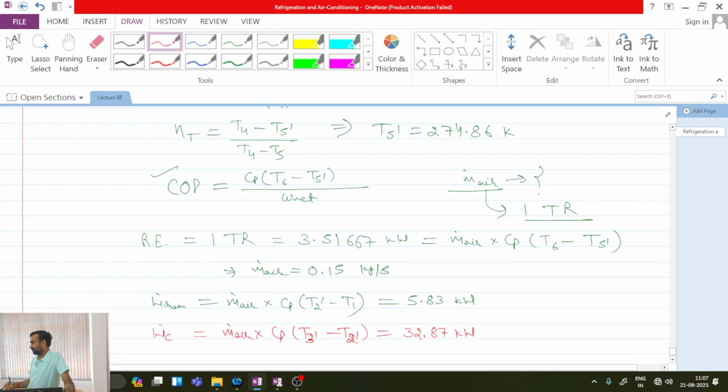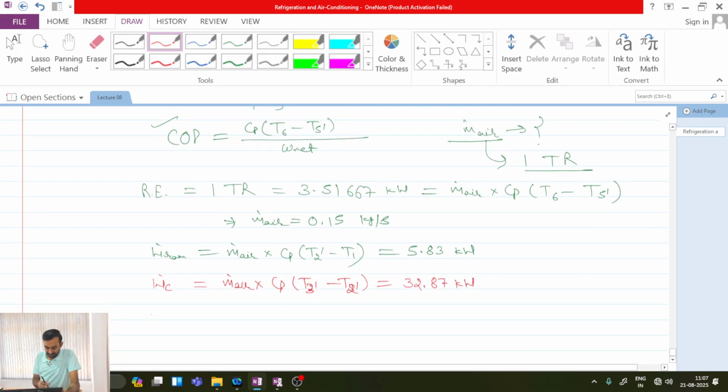$32.87 kilowatt. Then what is next? Turbine work. Which process is happening in the turbine? Please tell me. 4 to 5 is ideal, 4 to 5 dash is actual. Okay.